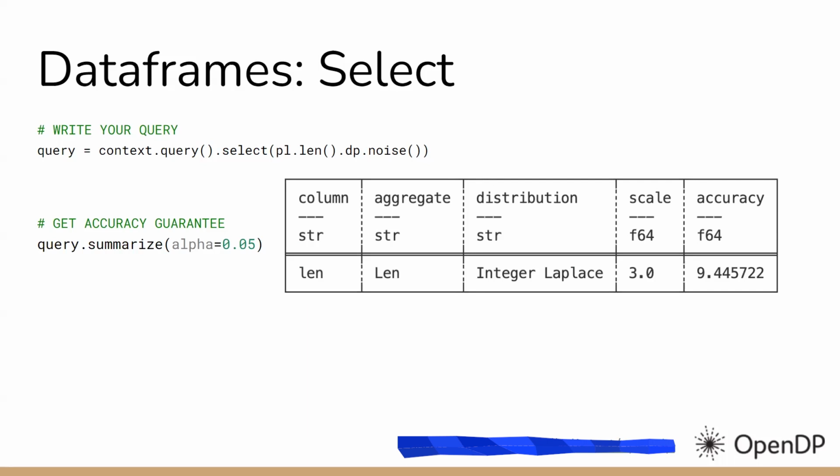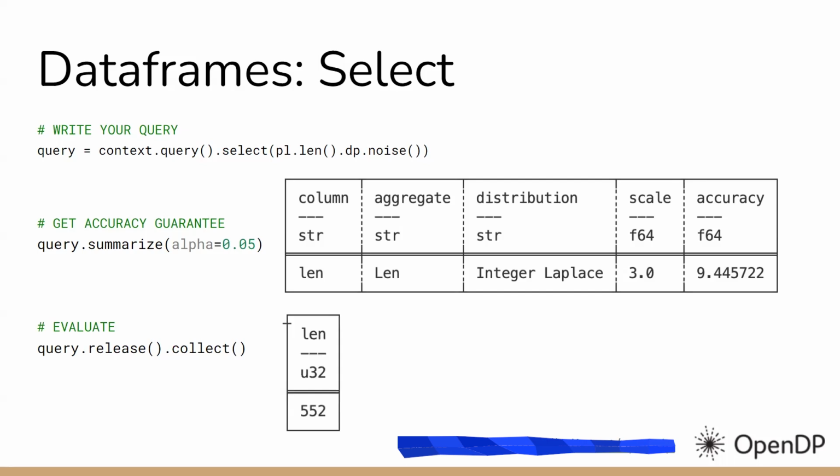And since alpha is equal to 0.05, we can say that with 95% confidence, the DP release differs from the true value by no more than 9.4. So assuming that this is acceptable utility, then we can go ahead and make this release. And we get a little data frame out.